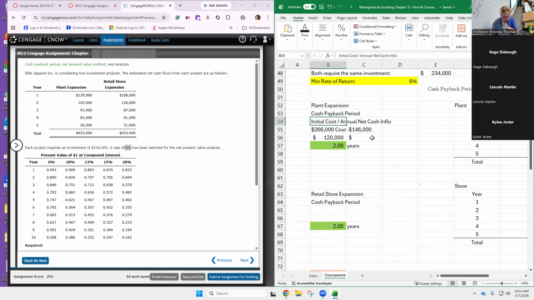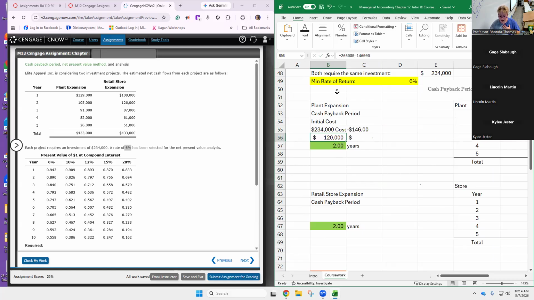Okay, year by year. So I know they didn't do very good, I don't think, but all right, we're going to take that initial cost, which mine is $234,000. So I need to change that. Okay, so my initial cost is $234,000. And I'm just going to subtract the first year of my cash flow. Okay, hang on, I got to fix this.